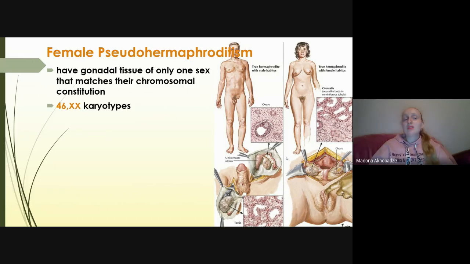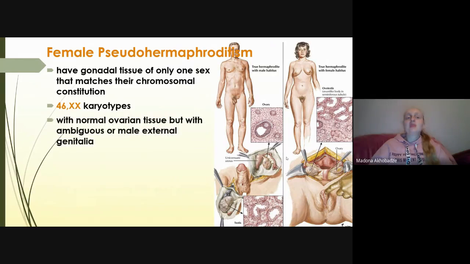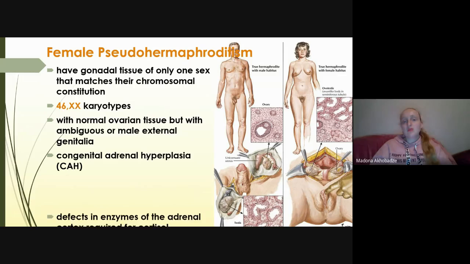But here the karyotype is actually 46,XX, and that's why it's called female pseudohermaphroditism. So karyotypically they are females with female gonadal tissue, but they present with ambiguous or male external genitalia. Congenital adrenal hyperplasia could be the reason for that.